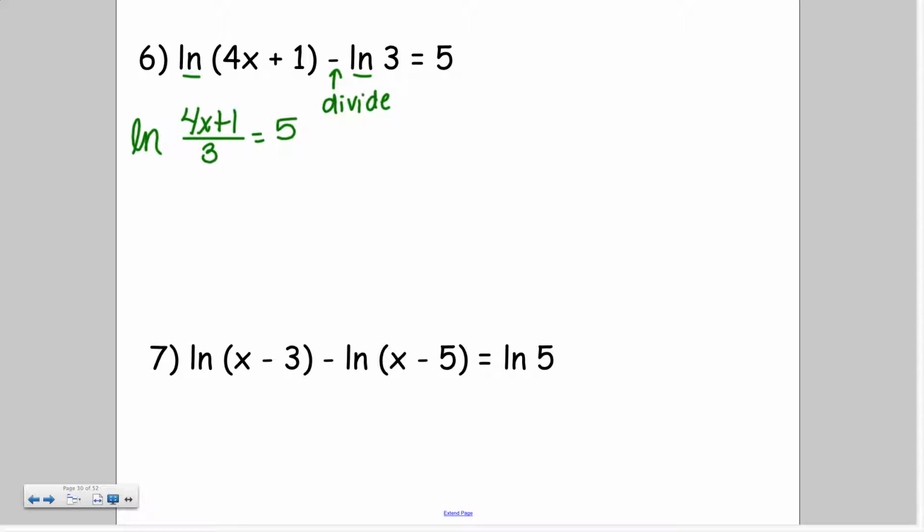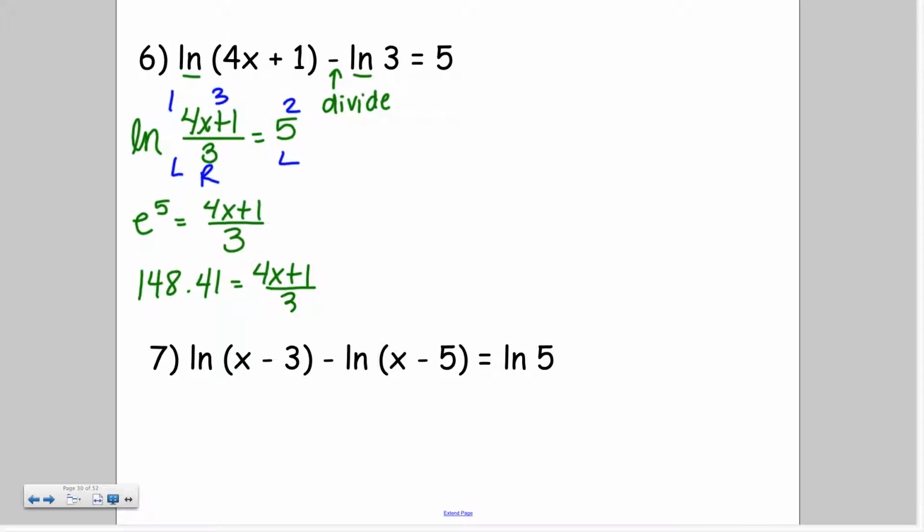Remember, left, right, left, or 1, 3, 2. So we have e to the 5th is equal to 4x plus 1 over 3. All right. The value for e to the 5th is 148.41.